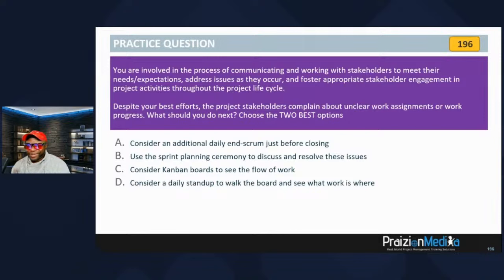All right. Well, I hope this one was easy enough. So it says, despite your best efforts, project stakeholders complain about unclear work assignments or work progress. Two things. They don't understand what has been assigned to them. And secondly, the progress of work is unclear.